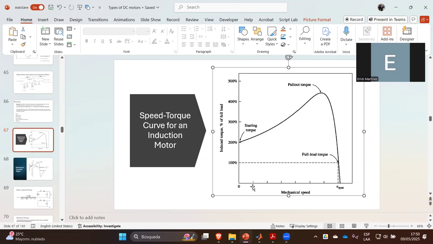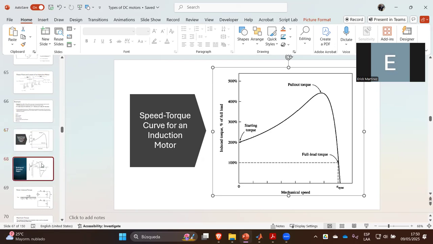So that is also important to consider, one important conclusion of this curve: when the synchronous speed of the motor is equal to its rotor speed, you cannot produce any torque. That's why it is important to have certain slip in the motor, because if we have a certain difference between the synchronous speed and the rotor speed, we can produce different values for the torque.